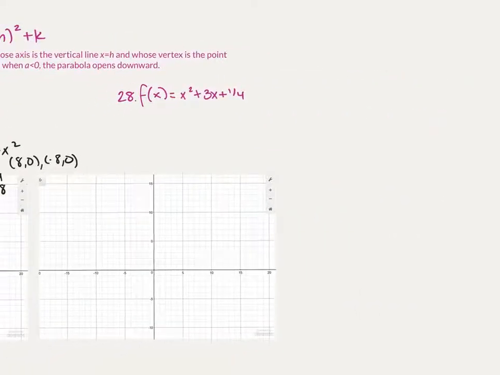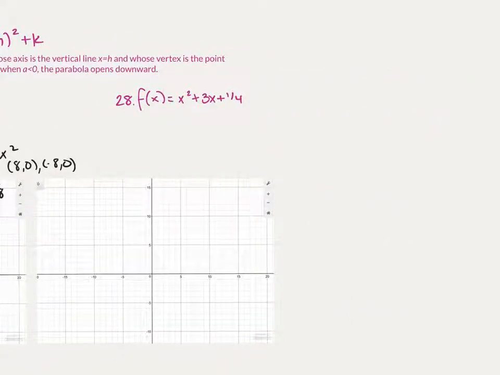For 28, we're doing the same thing, but notice this time our function is not given to us in standard form. So we need to get into standard form by completing the square. So first thing I'm going to do is take the square root of the first term, divide the second term by 2, square the whole thing, copy my 1/4, and then I'm going to square the inside, that's 9/4, multiply it to the outside, which is 1, so that's 9/4, add it to the other side.